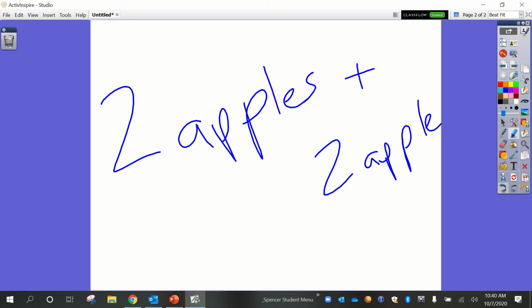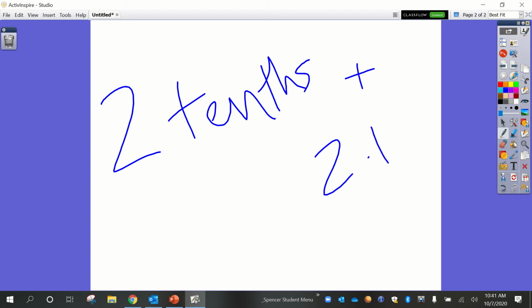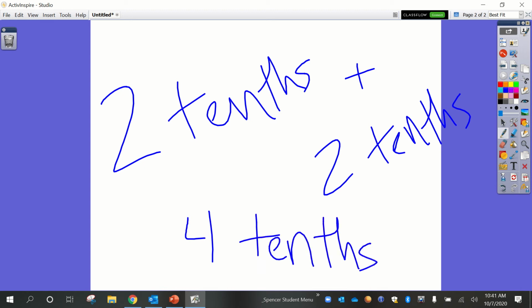So I can easily replace the apple unit with a different unit, and let's call it tenths. 2 tenths plus 2 tenths. If 2 apples plus 2 apples was 4 apples, well, 2 tenths plus 2 tenths is 4 tenths. That's the great thing about unit form. You're just using the digits, the units stay the same.